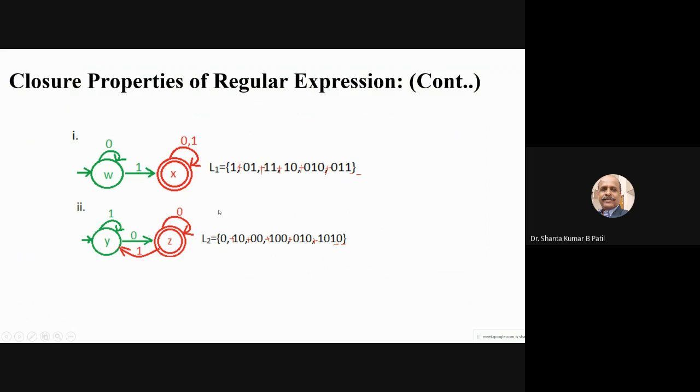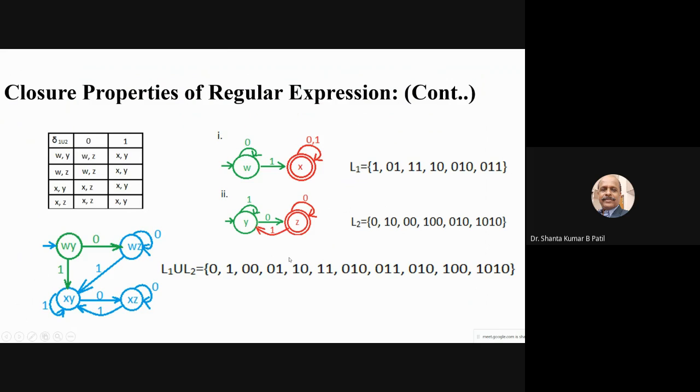To perform the union operation, we need to club these two with the union operation. After performing the union operation on the two languages or regular expressions, we conclude that L1 union L2 is the set of strings existing in either this language or that language or both.